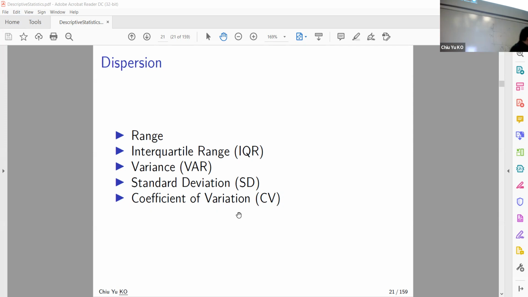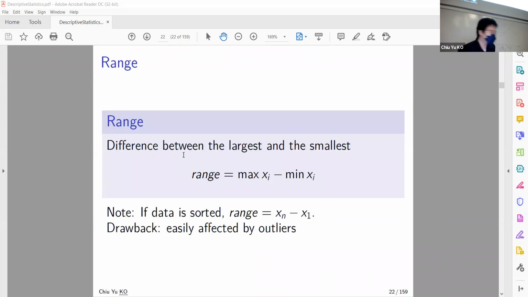So, dispersion. Last class we covered the range and part of the IQR. After that we go to the variance, standard deviation, and coefficient of variation. But let's start again with range. Range is very simple: just the biggest minus the smallest. If the data is sorted ascendingly, then it's just the last observation minus the first observation.